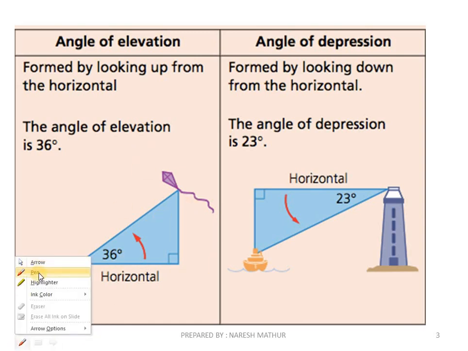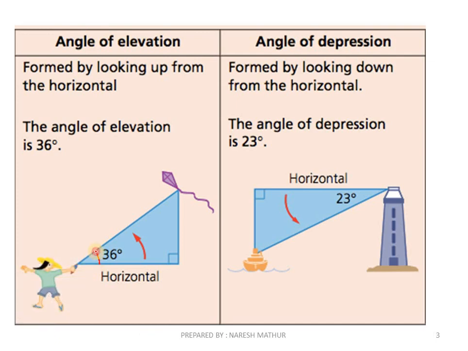Similarly, this angle will be called the angle of elevation. Similarly, when the object is downside, or we can say below the horizontal level, and an observer is watching from here, then the angle made between the horizontal level and this line of sight is called the angle of depression.